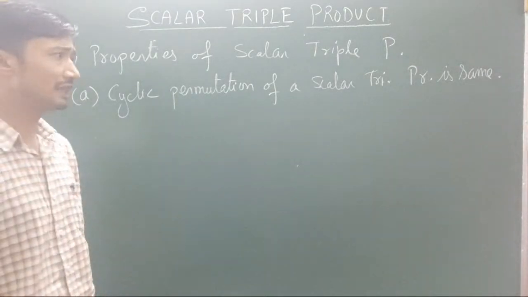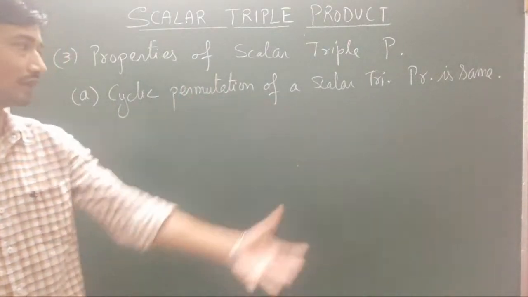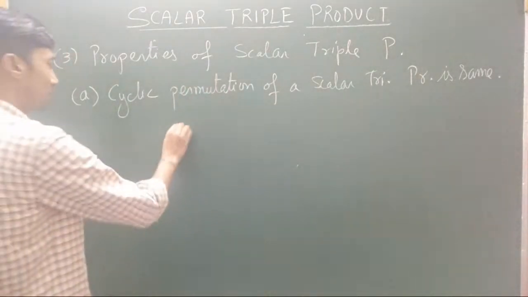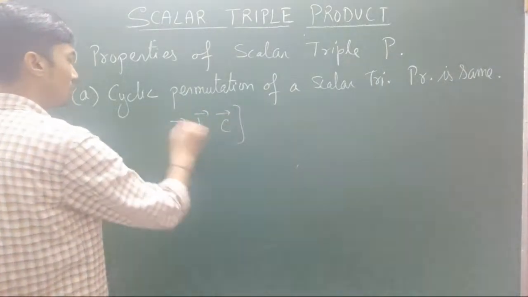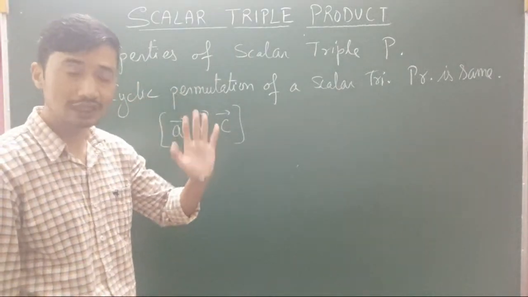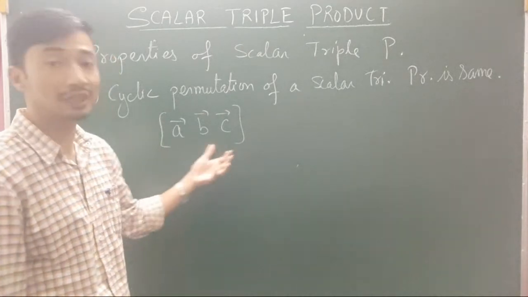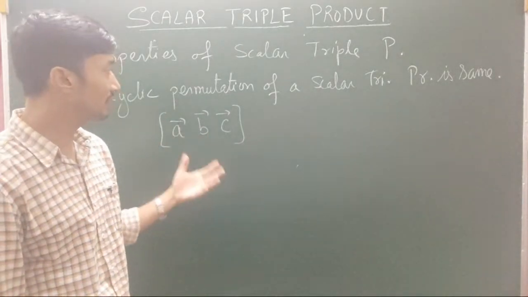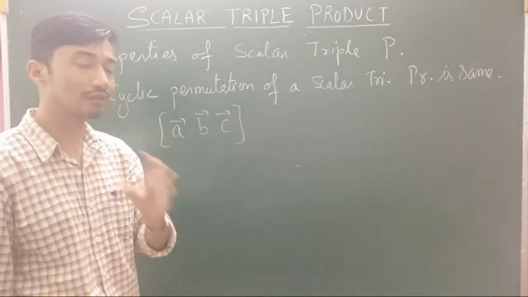Now, what do we mean by this? For a scalar triple product A, B, C, you know that scalar triple product, what is it? In the beginning, I gave you to solve it algebraically. It's the value of the determinant only, of the coefficients of vector A, B, and C. If we maintain its cyclic permutation, then the scalar value of the scalar triple product remains the same.